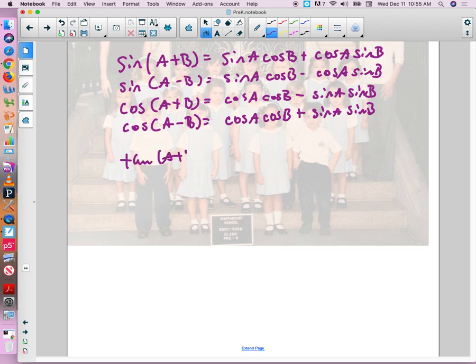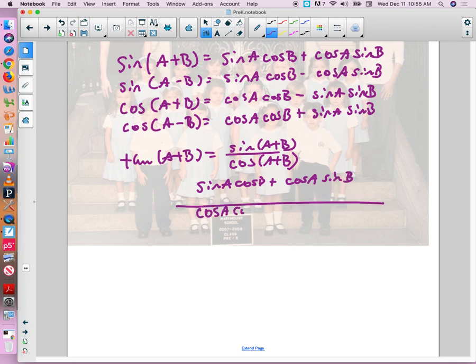Tangent A plus B, you could just get from this: sine A plus B over cosine A plus B. Sine A plus B is sine A cosine B plus cosine A sine B. Cosine A plus B is cosine A, cosine B, minus sine A, sine B. Somebody, don't know anybody's name, trying to find a formula for tangent A plus B, put sine A plus B over cosine A plus B. And then they decided to divide by one of these four things, okay?